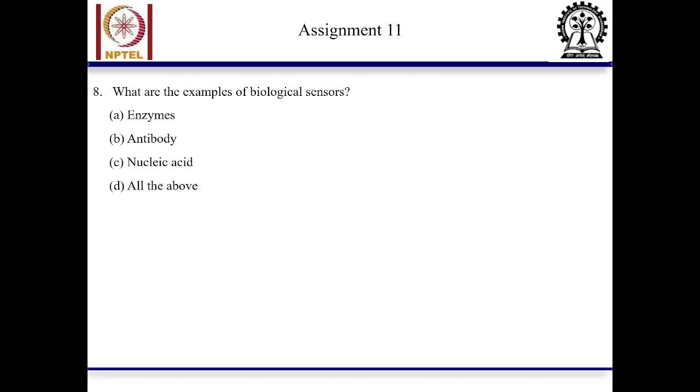What is an example of a biological sensor? Enzyme, antibody, nucleic acid, all of the above. Sunil Pawar is saying all of the above.